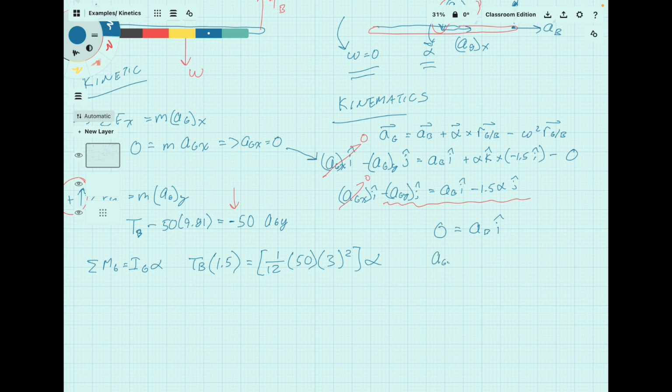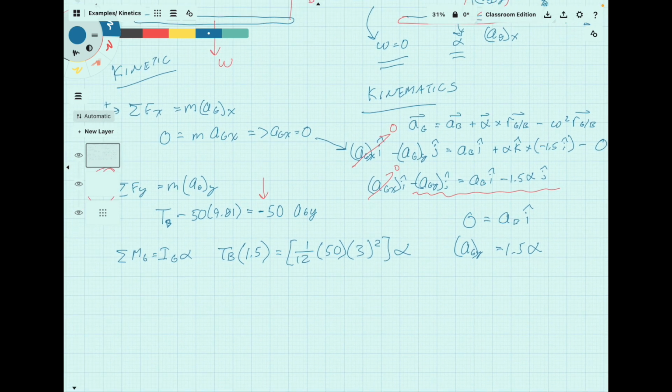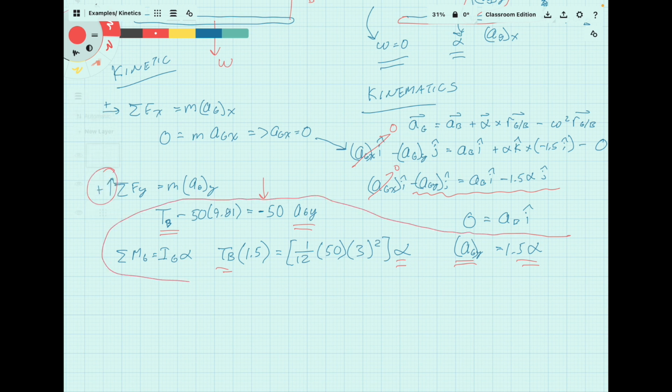And then we've got AGy in the j direction is equal to 1.5 times alpha. So in that case, we've got TB, AGy, and alpha as unknowns, and then that kinematic expression gives us the bridge to solve 3 equations with 3 unknowns, essentially.